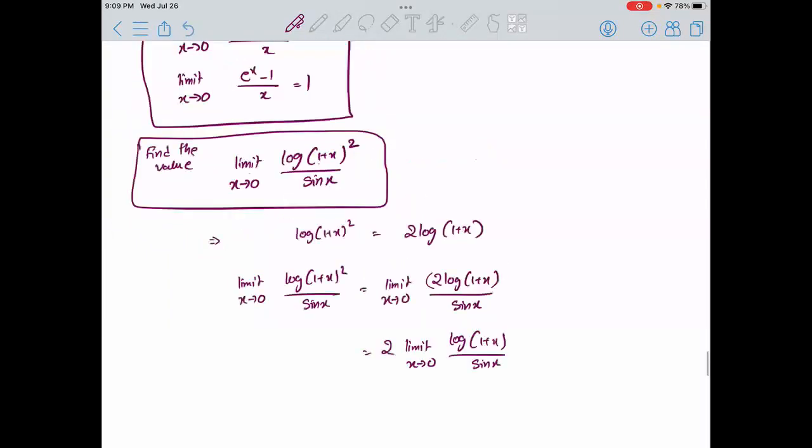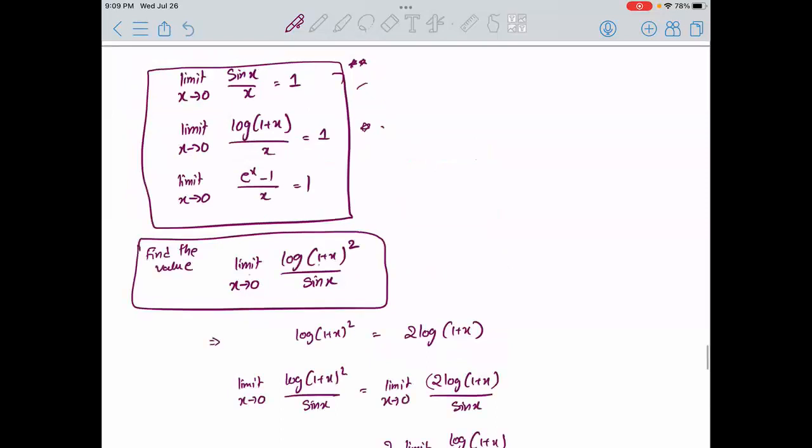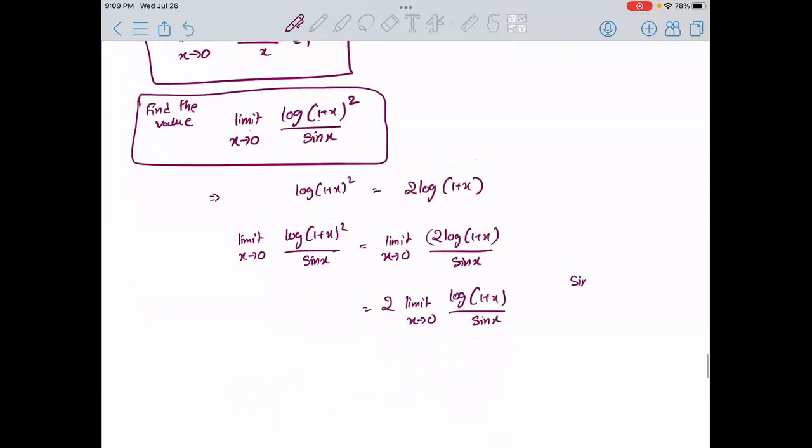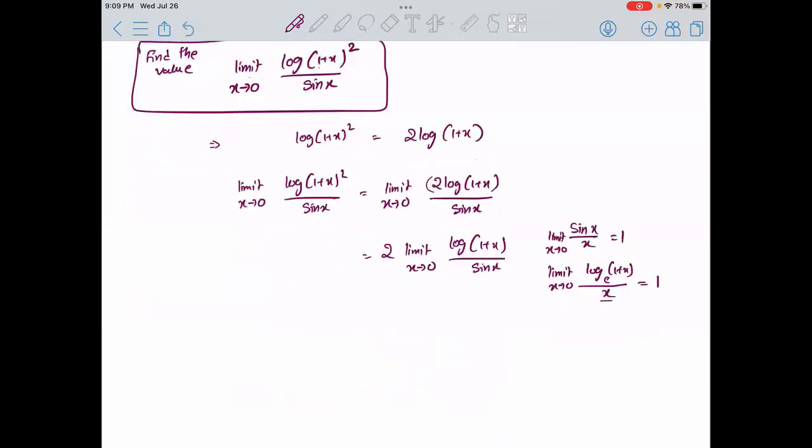Now you will know that you have these formulas. Limit x tends to 0 of sin x by x equals 1, and limit x tends to 0 of log(1 plus x) to the base a divided by x equals 1. So what we are missing is x and x.